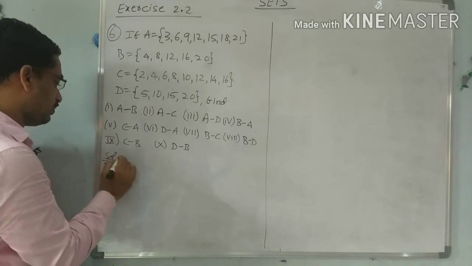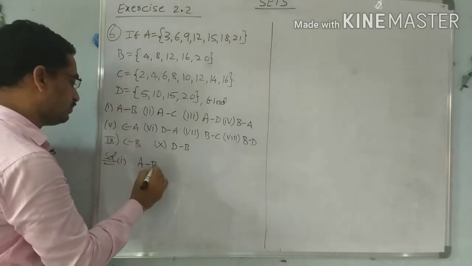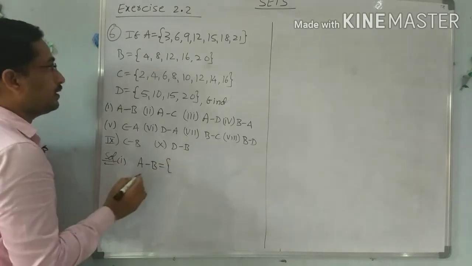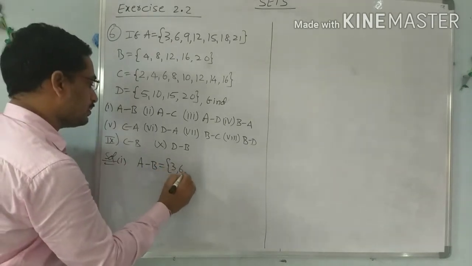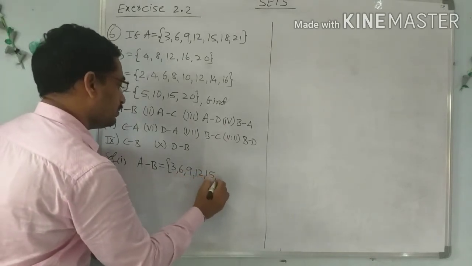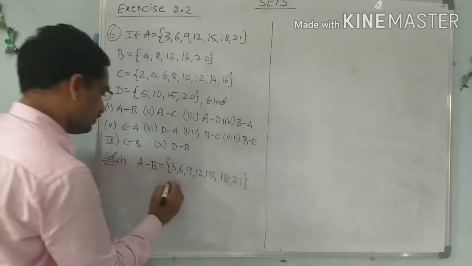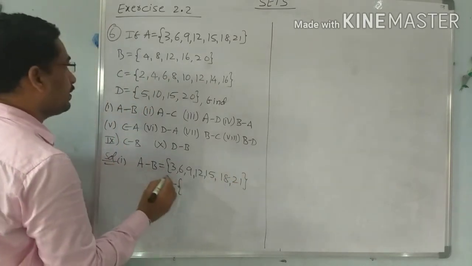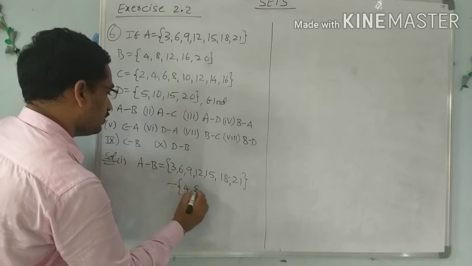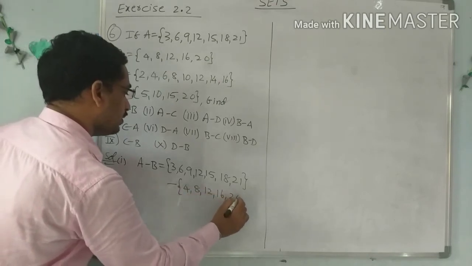The first one, solution of A minus B. Write the elements of set A: 3, 6, 9, 12, 15, 18, 21. Next, minus the elements of B: 4, 8, 12, 16, 20.